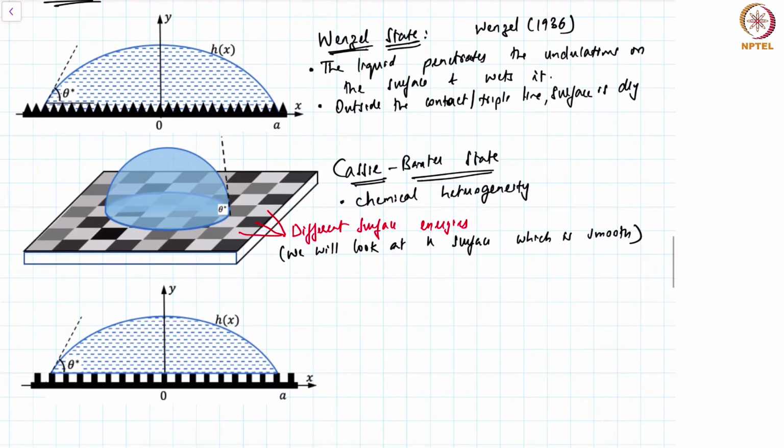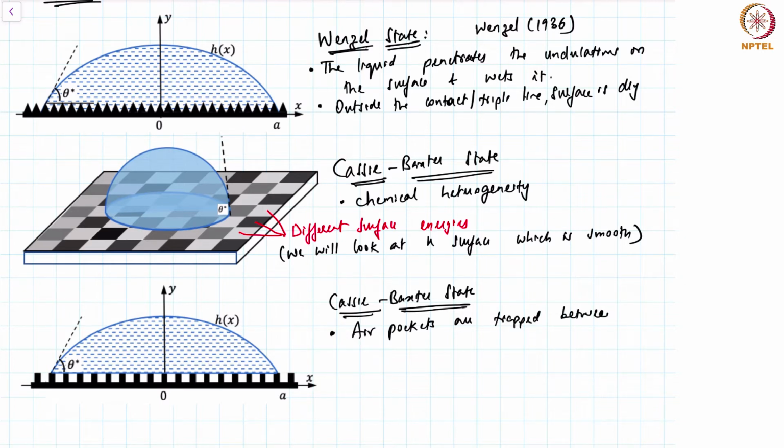And finally, we have another Cassie-Baxter state, where the droplet sits on the surface, or I should just say, air pockets are trapped between the surface undulations or surface roughness elements.